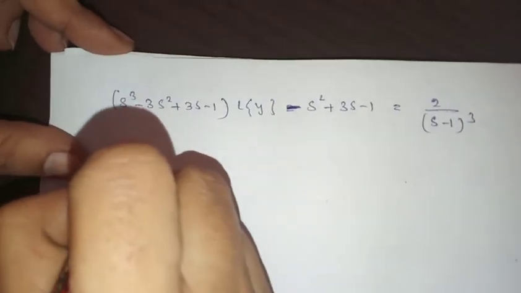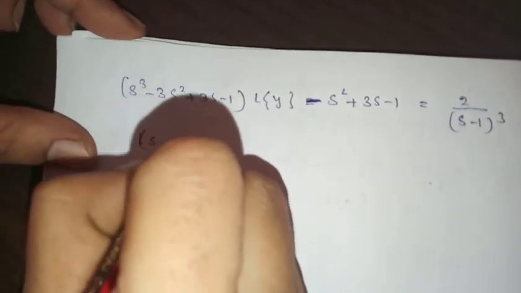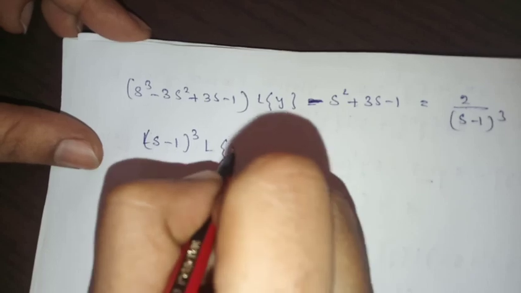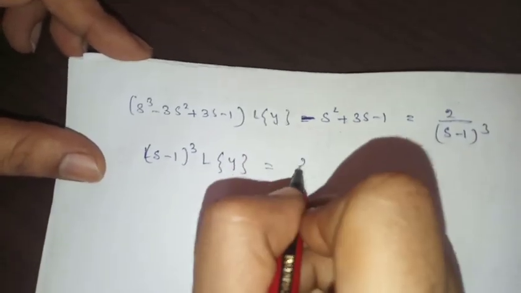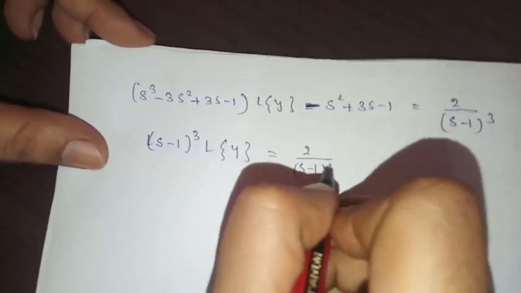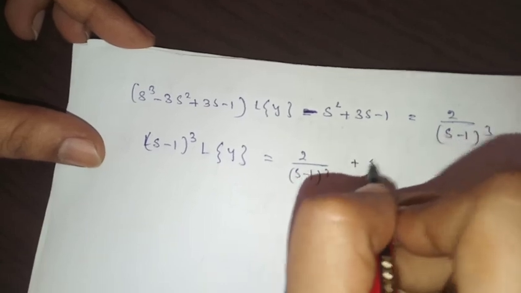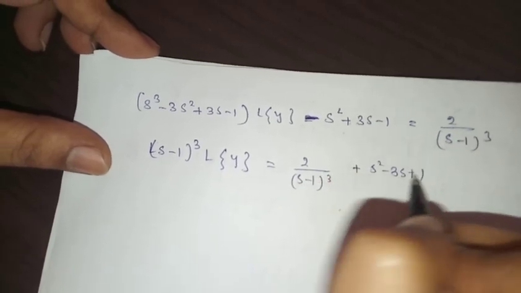So this you can write as s minus 1 whole cube. Laplace transform of y equal to 2 by s minus 1 whole cube plus s square minus 3s plus 1.